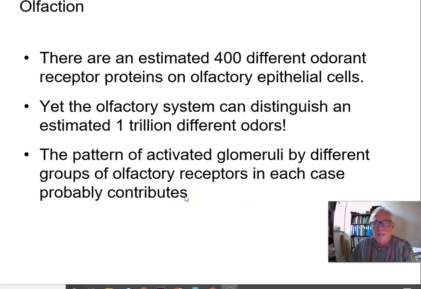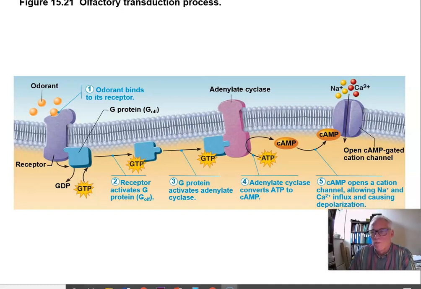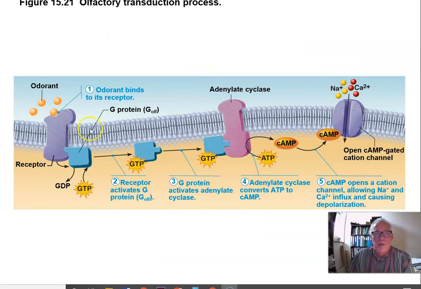Another astonishing fact about special senses: how do these olfactory receptors actually transduce smell molecules into impulses? Well, it's an indirect effect. This is more analogous to what we learned about with epinephrine and norepinephrine signal transduction. An odorant molecule binds to its receptor on the sensory neuron.